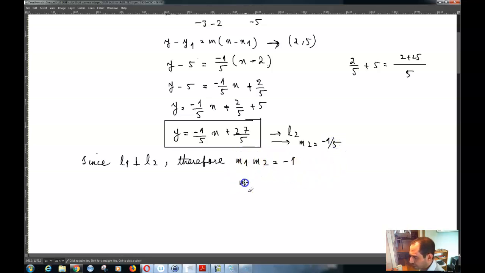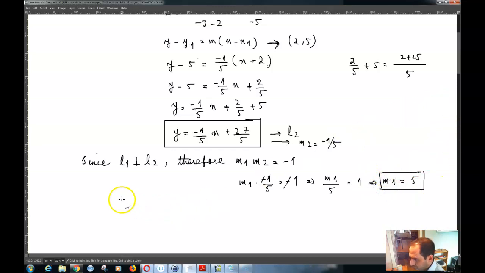So that means that M1 times negative 1/5 is equal to negative 1. You can cancel these two out, and that means that M1 over 5 is equal to 1. That means that M1 is equal to 5.